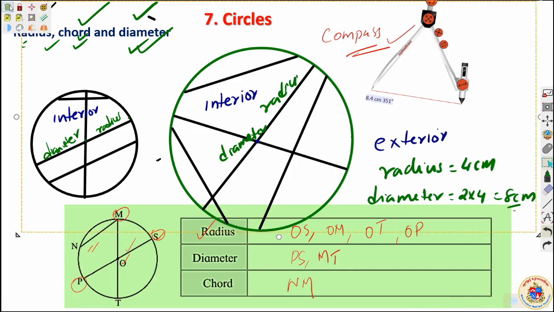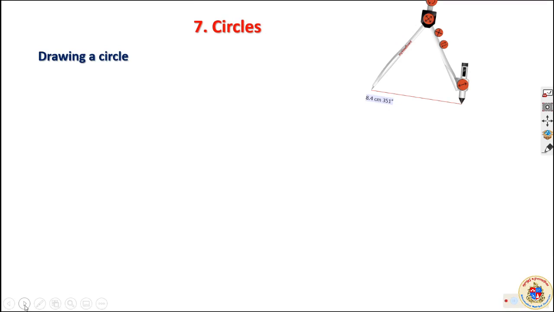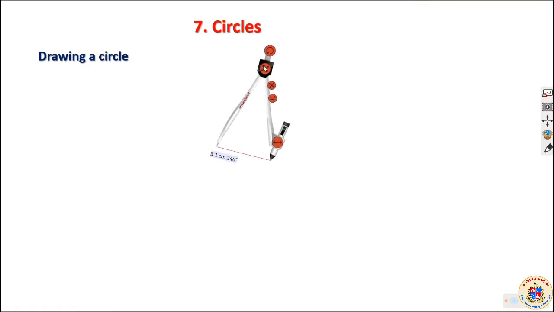Let me clean this. Okay. Now it is about drawing a circle. To draw a circle you need a compass. To draw a particular circle you should have its diameter or its radius.